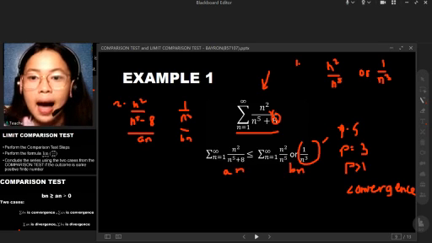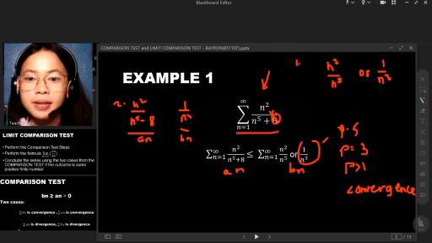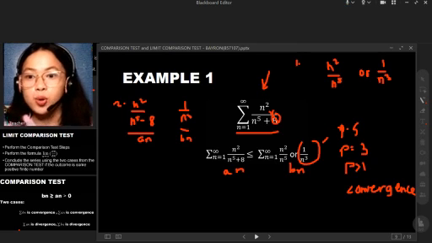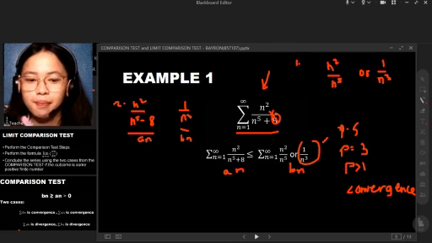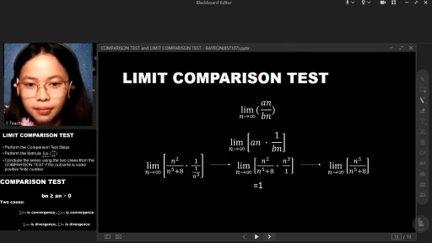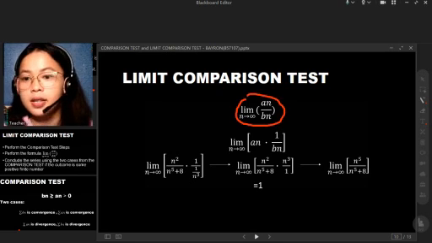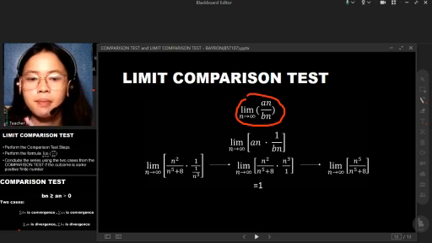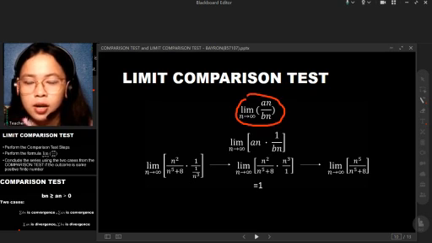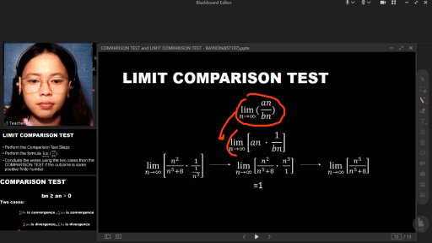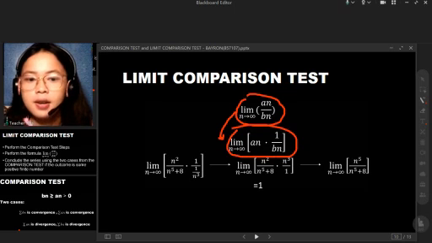Now, after the steps of the comparison test, we are going to go to the limit comparison test. So here's the limit comparison test. This is the formula, and to make it easier to perform, we're just going to derive it and have this one: a sub n times 1 over b sub n.